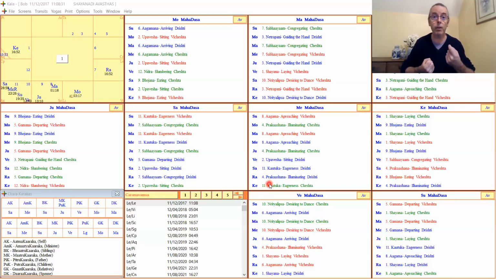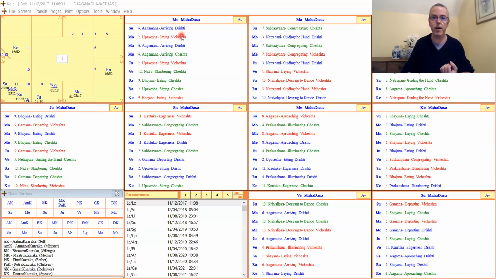In addition, if you take the Sanskrit letter associated with your first name, it adds these things at the end called drishti, vichesta, and chesta. Vichesta means just a little bit or little strength. Drishti kind of means medium strength in terms of the effects of the Shayanati, and Chesta means full-on strength.